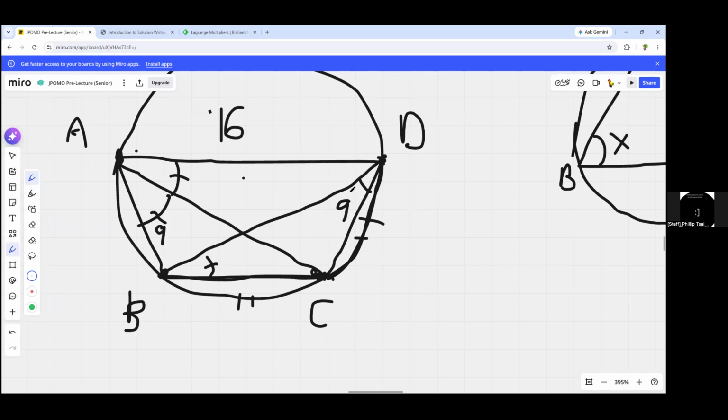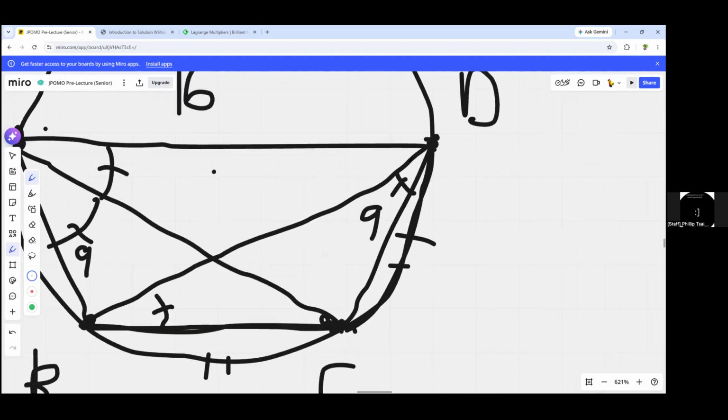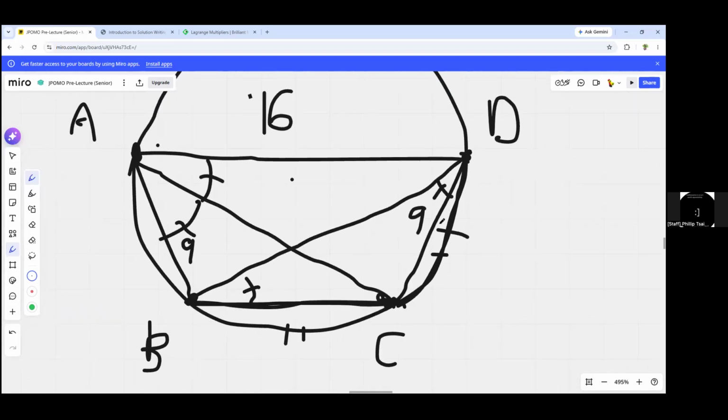So all these four angles right here are equal. But for this, it doesn't really matter because we can now find the other length BC: since these angles are equal, these sides must also be equal, which means this side length must also be 9.